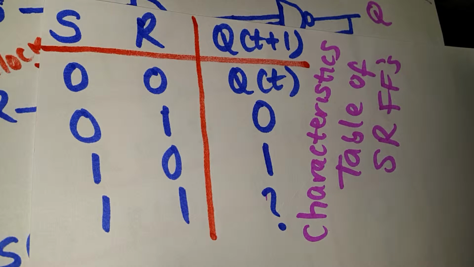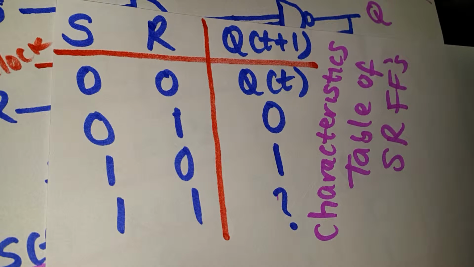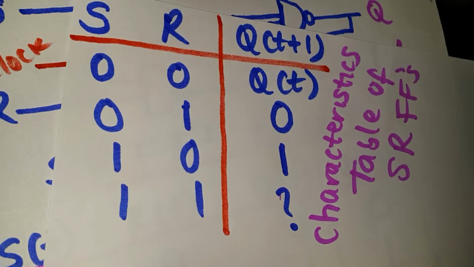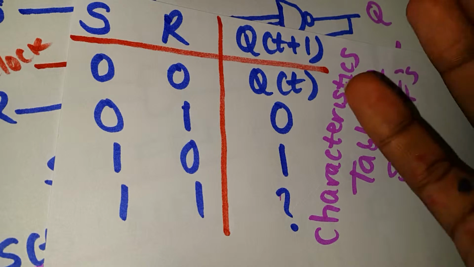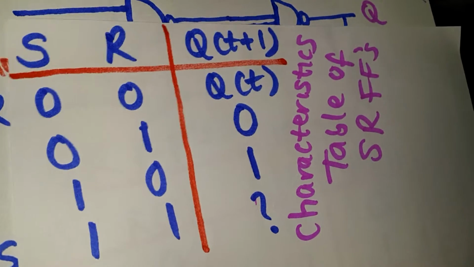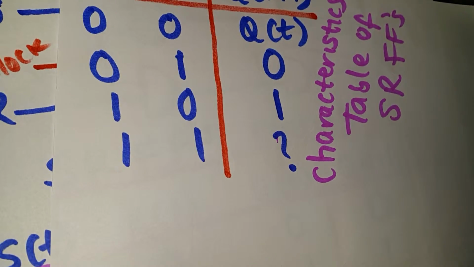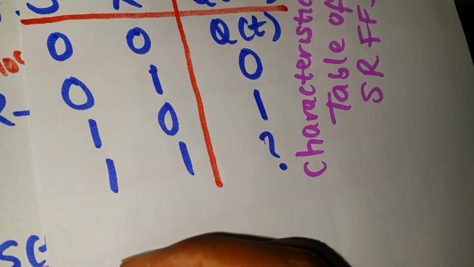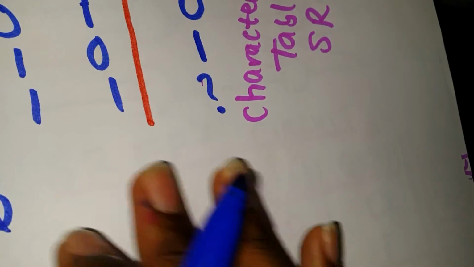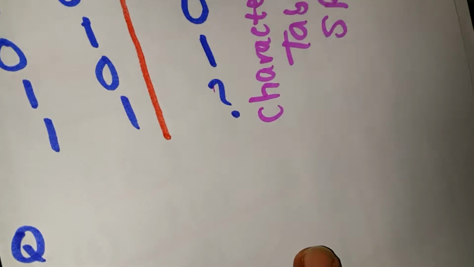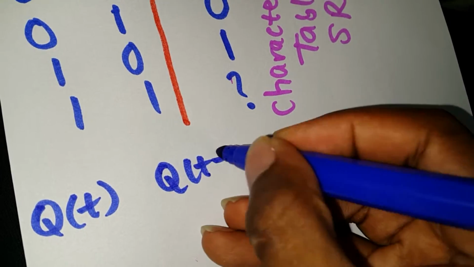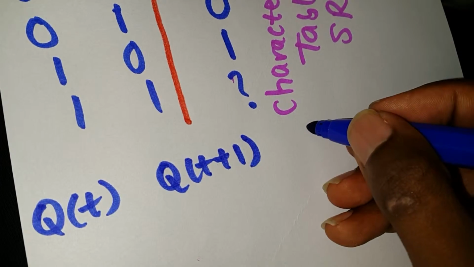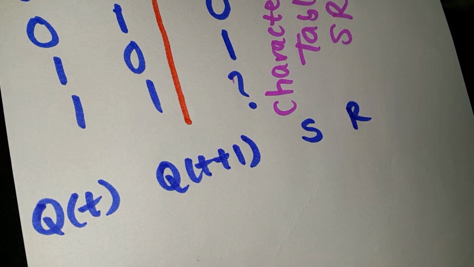Now the last table you need is the excitation table, and you construct your excitation table from the characteristics table. Let's write this down again: Q of t and Q of t plus 1, and we have SR here.